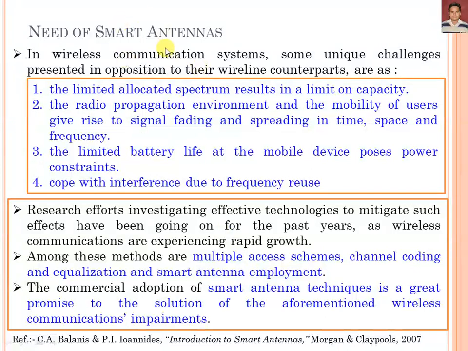What is the need of smart antennas? In the wireless communication system, some unique challenges are presented in opposition to their wireline counterparts.